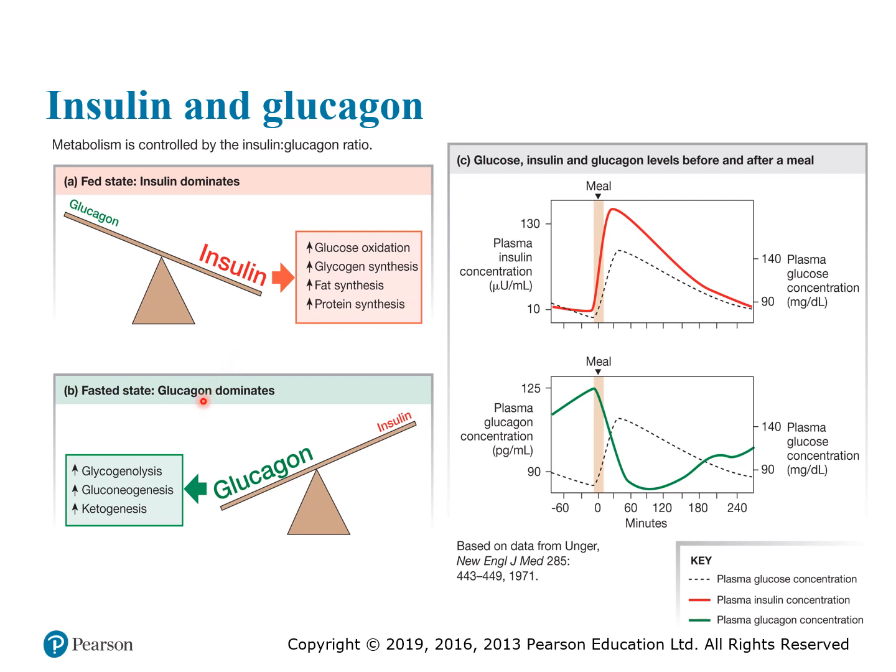Now, on the other hand, if we are fasting and our glucose levels drop, you definitely don't want to produce insulin, because insulin is just going to make things even worse. And so during fasting, your pancreas is going to produce the hormone known as glucagon.